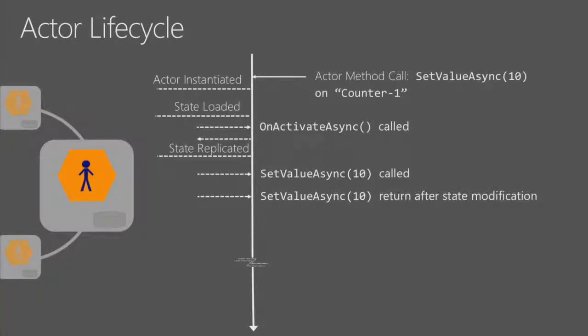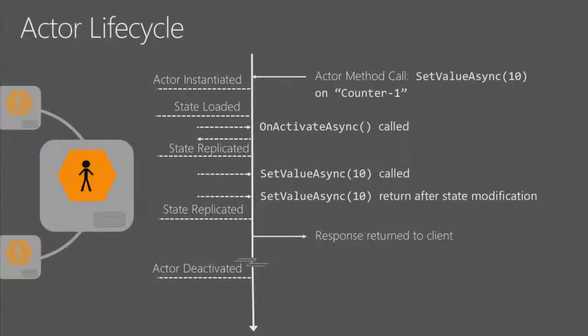In the method, you may do the modification, and the set value async returns. At the same time, now we replicate the state again, and then we return the response to the client. So at any point in time, if there is a failure, the actor gets activated, and then we load the consistent state from the primary again.